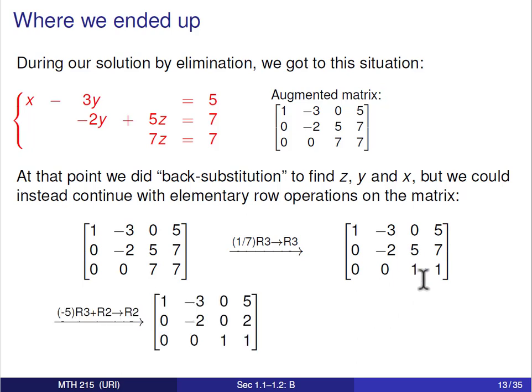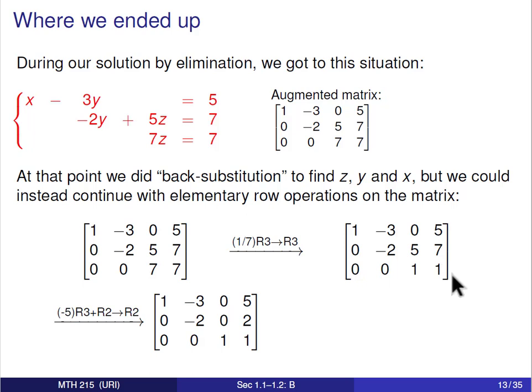Now, if we wanted to, we could continue. What I might do is take -5 times the third row and add it to the second row, and replace the second row by that. So we're taking the second row, we're adding a multiple of another row to it, and then putting the result in place of the second. Now, you might not see immediately why we would do this, but take a look at what happens if we do. -5 times the third row is going to give us 0, 0, -5, -5.